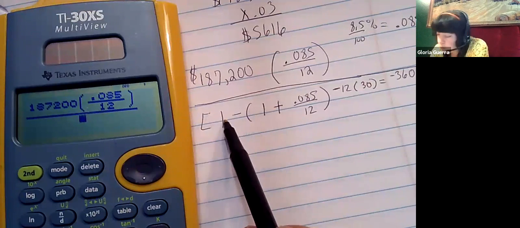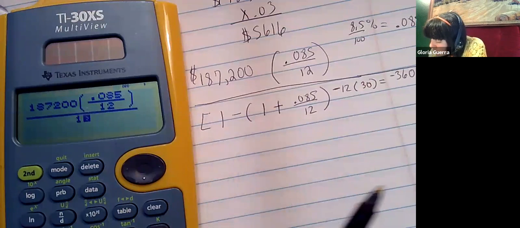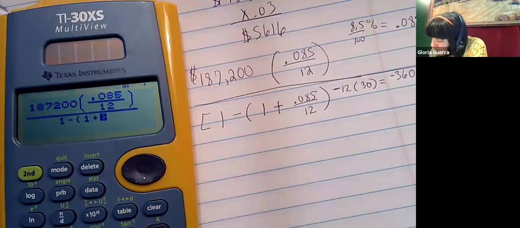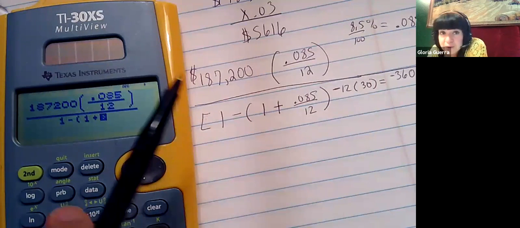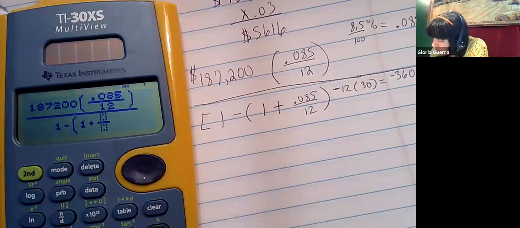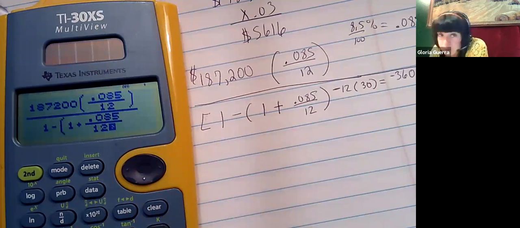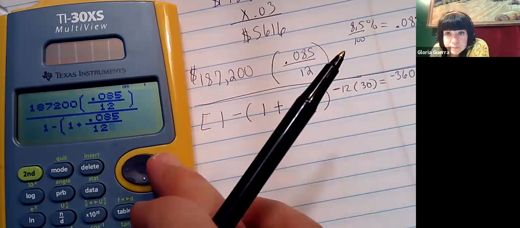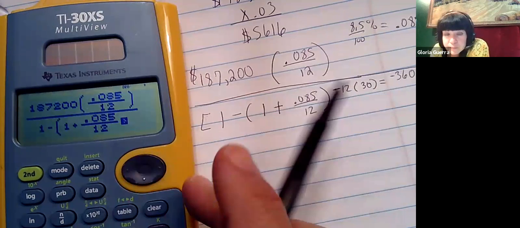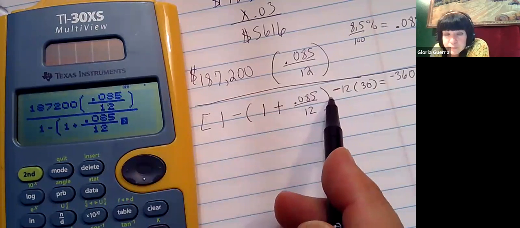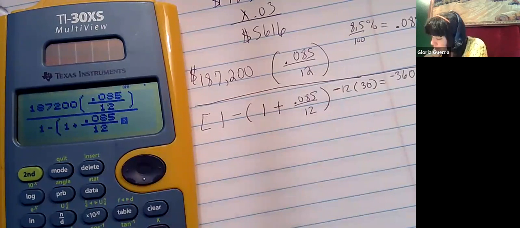So I can do 1, take away, open parentheses, 1 plus, now do this N over D key. It's pretty cool here. 0.085 on the bottom, 12, and then come out here, close up parentheses, and then raise it to the negative 360 power.